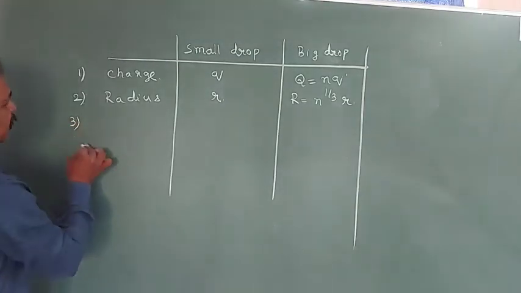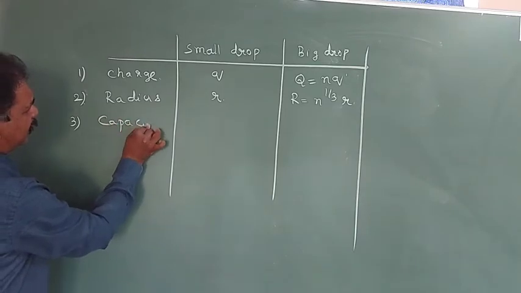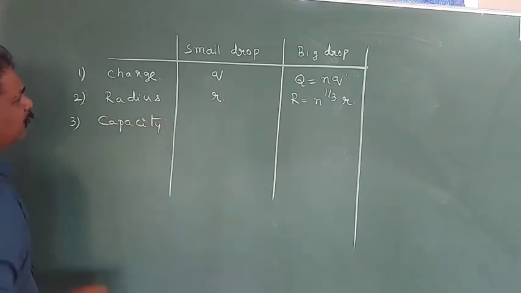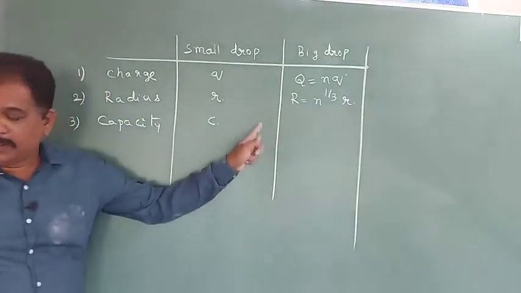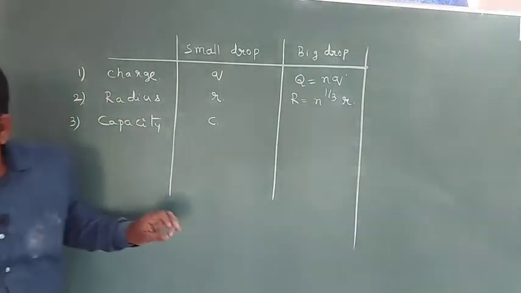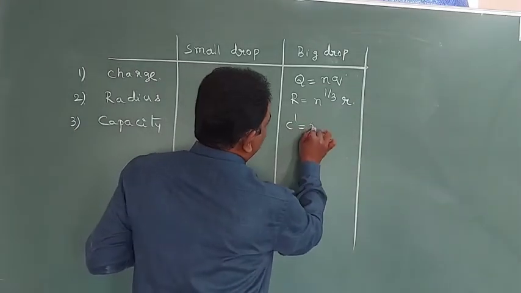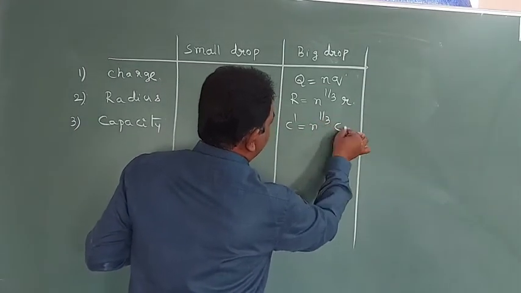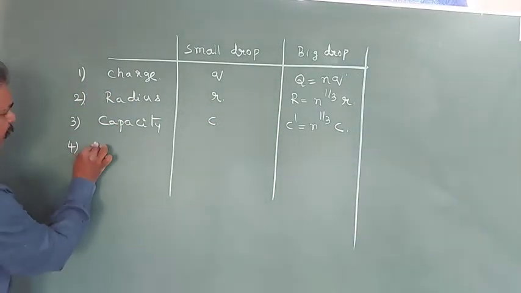Next, after radius, capacity, we can take capacity or potential. Here its capacity is C. Here capacity is C dash, then C dash is equal to n power 1 by 3 into C. Next, potential.